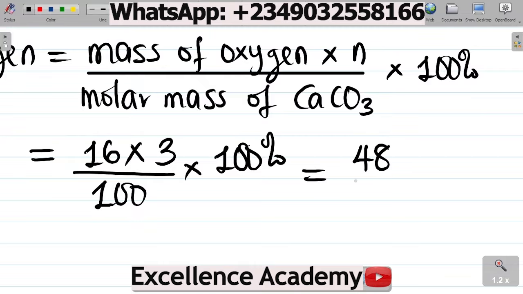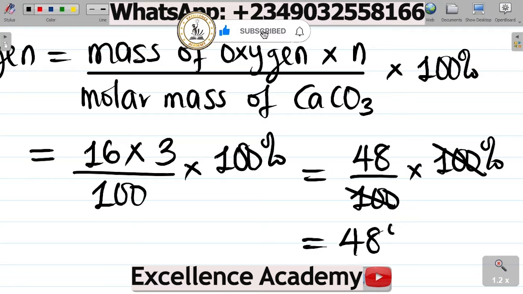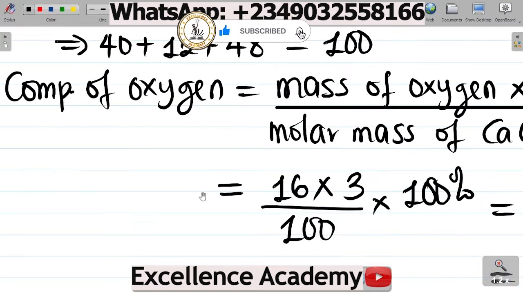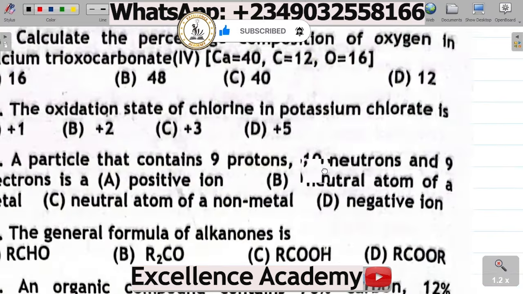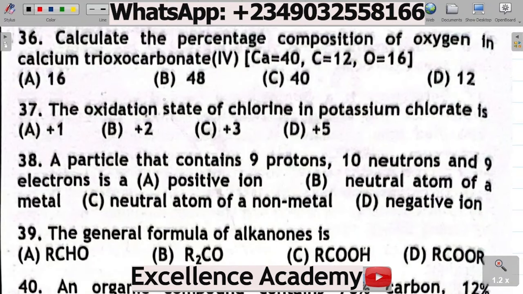That's 48 all over 100 times 100%. This cancels this, and it is equal to 48%. So the correct answer to this question is 48%. For 36, the answer is B, 48%.